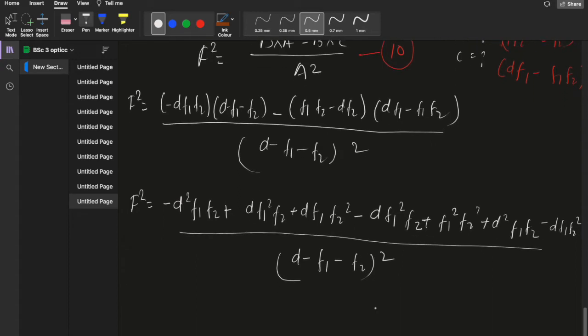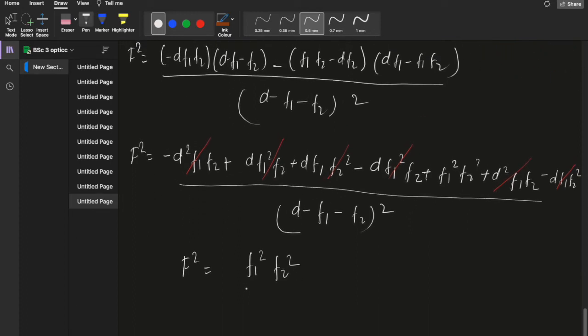On simplification we will get, see, this term cancels out, this term cancels out, and this term cancels out. So the final value is capital F square equals F1 whole square F2 square upon D minus F1 minus F2 to the power 2.